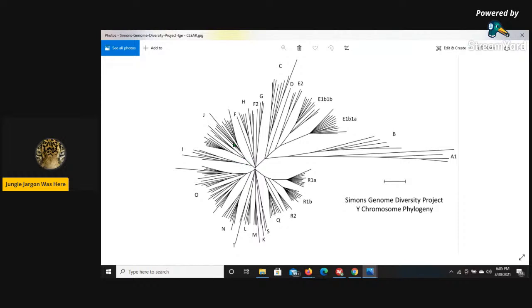So there's a whole thing about rooting the tree. How do you root it? You basically have to go back to historical records, because everybody had the same Y chromosome originally.